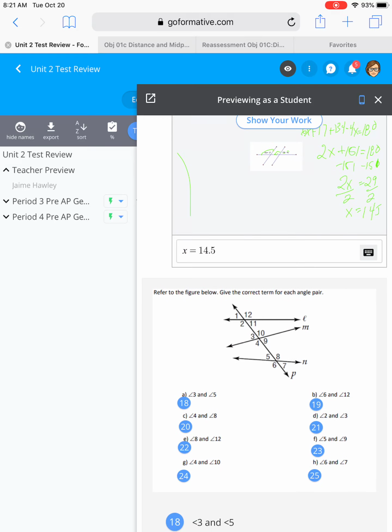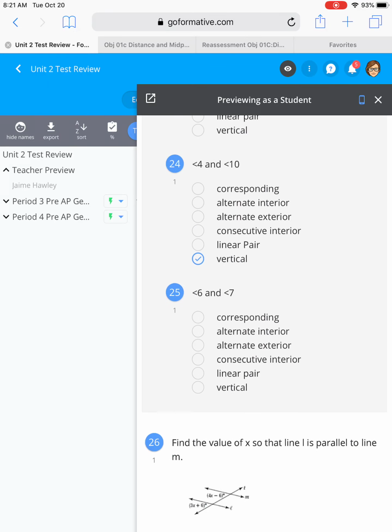And 6 and 7 are next to each other on a straight line, so they are a linear pair.